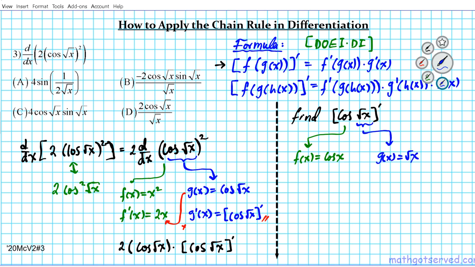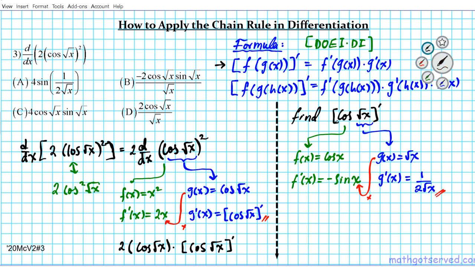Now we're going to go ahead and differentiate both of them. So f prime of x, the derivative of cosine, don't forget, is negative sine. And then if you differentiate g, the innermost function, the derivative of rad x is 1 over 2 root x. You can use the power rule here, but this is just a shortcut. Okay, so applying the chain rule, derivative of outer evaluated at the inner, so you take your inner function, plug it in here, times the derivative of the inner, right there.